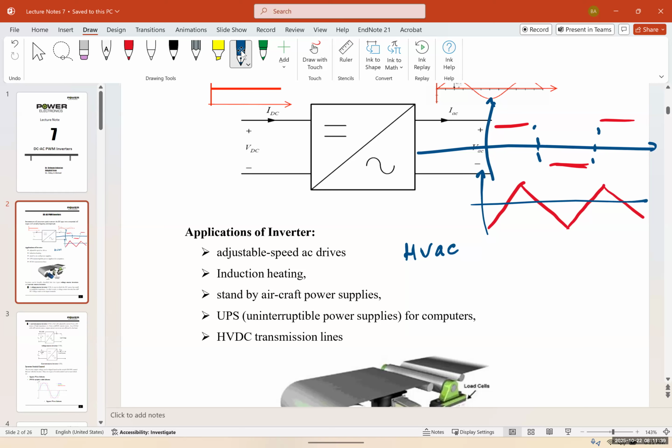The reason is that in the older generation, they used to utilize AC motors for HVAC compressors. As you know, the HVAC works by compressing a gas into a liquid and then releasing the pressure. At the condenser we condense the gas, and it generates a lot of heat.